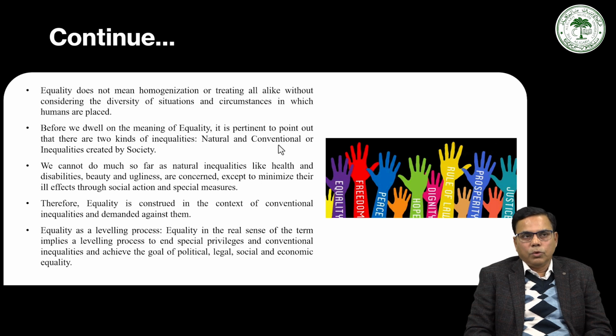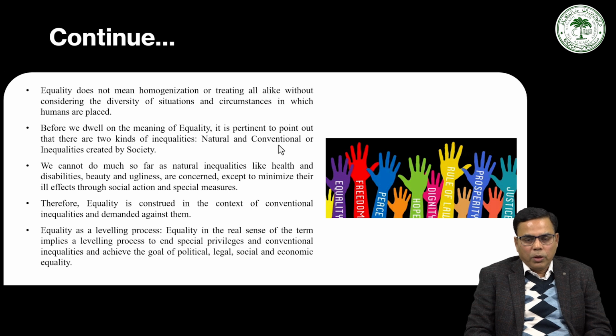So society can do something to remove this inequality, and that is why, when we talk about equality, equality was basically demanded against conventional inequalities, which are created by the society and by the state. The state, through discriminatory treatment against certain communities, for example, can create disadvantages for them.